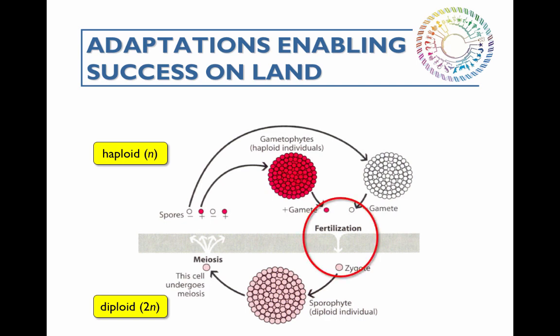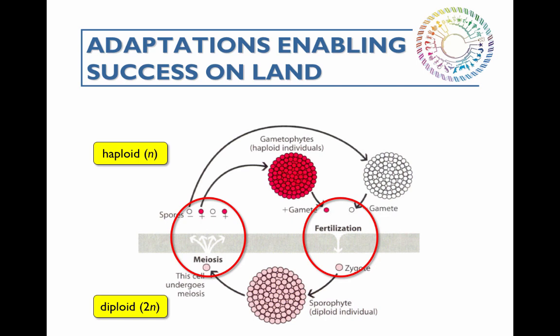The first one is the formation of the gametes and the fusion of the gametes to form the zygote. And the other is the cell which undergoes meiosis to form the spores. Those two stages in the life cycle are very vulnerable to drying out. And if those stages in the life cycle cannot be completed successfully, then the plant obviously cannot survive on land.